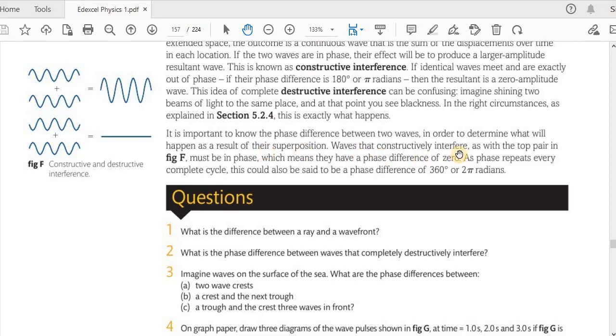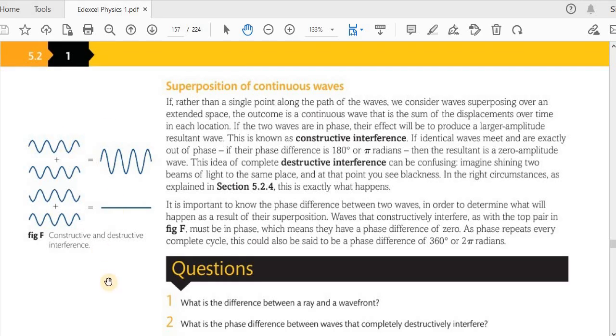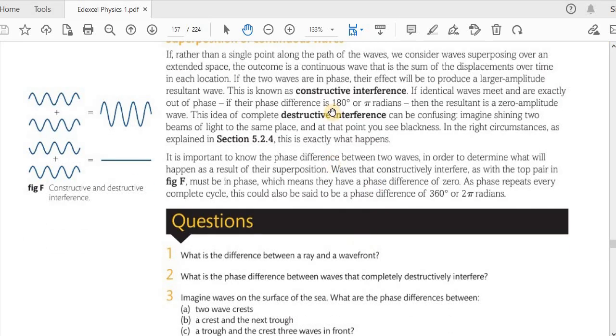Waves that constructively interfere, as with the top pair in figure F, this you see here, must be in phase, which means they have a phase difference of 0, because the waves are going together. As phase repeats every complete cycle, this could also be said to be a phase difference of 360 degrees or 2 pi radians. Okay, so you can answer these questions.